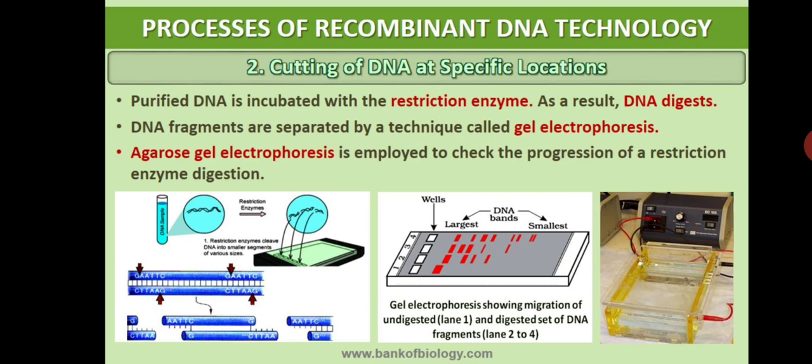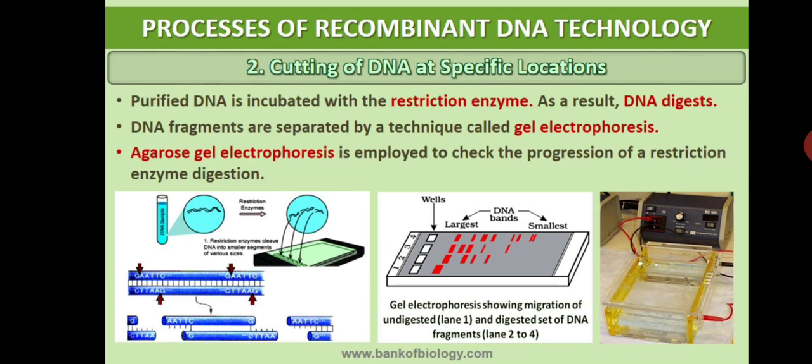That genome can be treated with certain restriction enzymes. First you have to isolate the entire DNA of the cell, and that DNA is treated with restriction enzymes. Treating with restriction enzyme means you cut the DNA into small pieces or fragments. Getting my point?